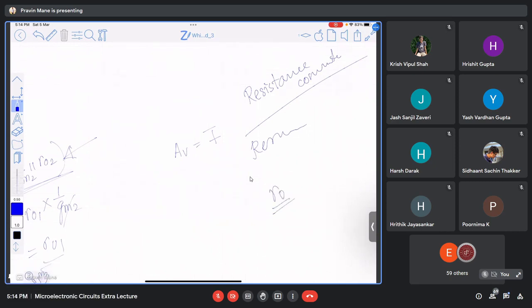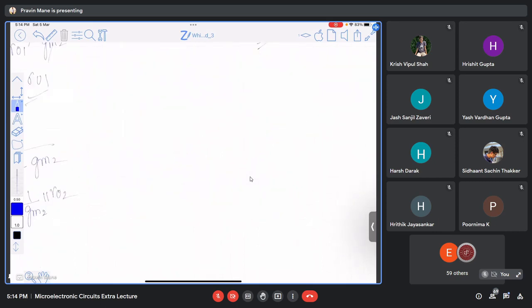If r_o is present, then there are lengthy formulas available for every configuration. For example, I will just tell you; if you are able to remember it, that is quite good. So what is this configuration?